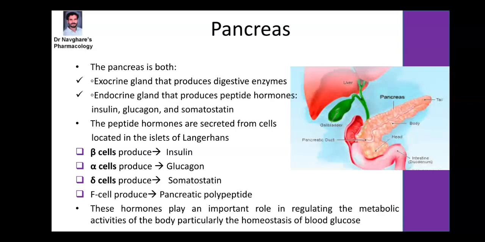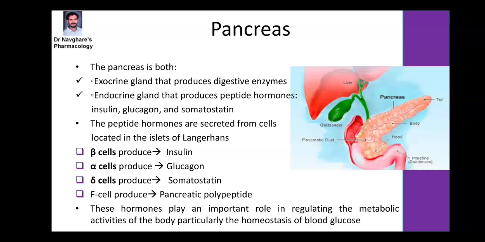So this figure gives an idea about the location of the pancreas, and it is attached to the duodenum as well as the bile duct. The pancreas contains different cells. Beta cells produce insulin. Alpha cells of the pancreas produce glucagon. Delta cells of the pancreas produce somatostatin, and F cells produce pancreatic polypeptides that help in the digestion process.